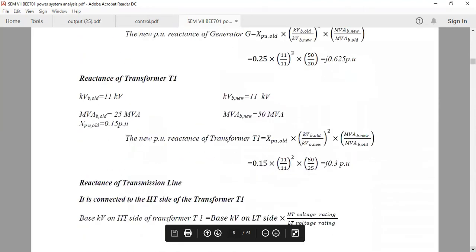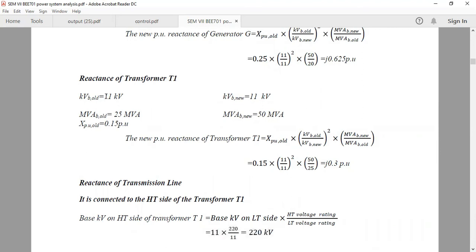Then we will proceed to the reactance of transformer T1. As far as the transformer is concerned, for the voltages, either we refer to the primary side, that is old and new, or the secondary side. For this transformer T1, we are referring to the voltages on the primary side: the primary side old voltage is 11 kV and the primary side new base voltage is 11 kV.